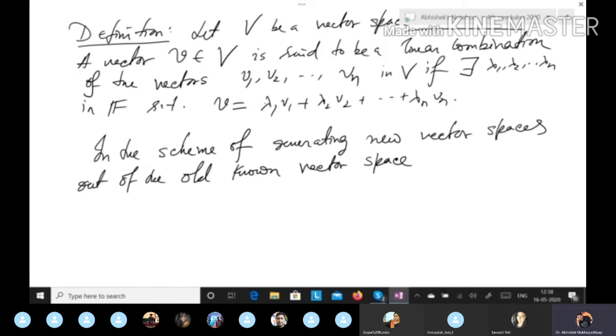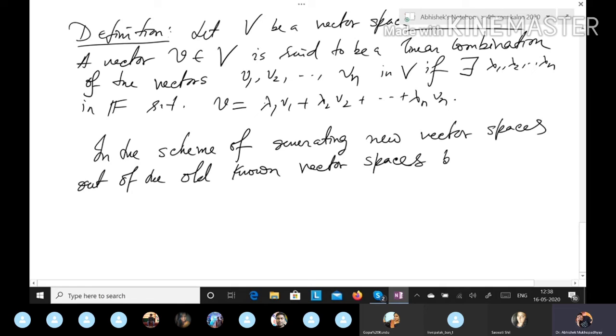And in this line, the next definition is very important, because we are considering the subspaces of a vector space, which will be a new vector space from the old one, by considering the non-empty subsets of the vector spaces.